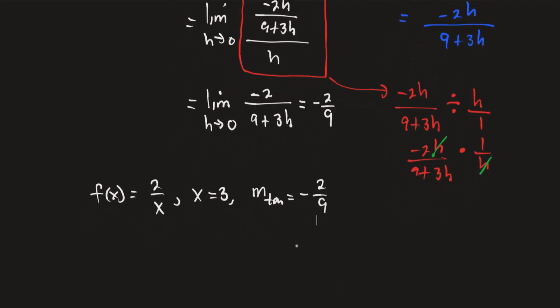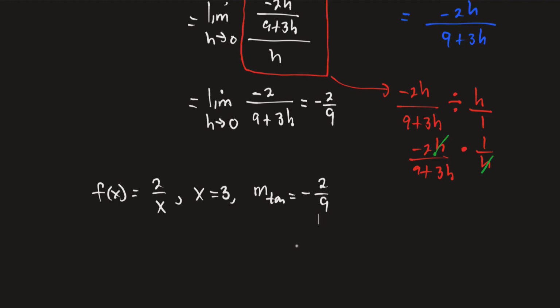Now let's find the equation. Anytime you have to find the equation of a line, whether it's a tangent line or some other line, you need a point and you need its slope. Well, we have half of the point, right? We have the x value, but we know how to find the y value. Plug it into your function. So your corresponding y value is 2/3. So the point that the tangent line passes through is (3, 2/3) with this slope.